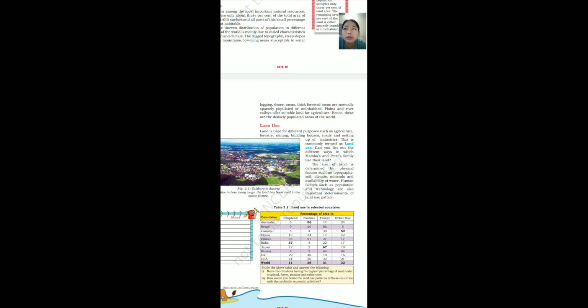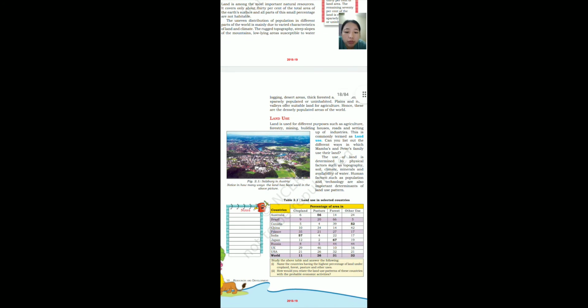Places suitable for settlement and for cultivating crops, from the very earlier times, people started to settle in and around that kind of land, because rivers used to deposit alluvial soil, which is very good for cultivation.